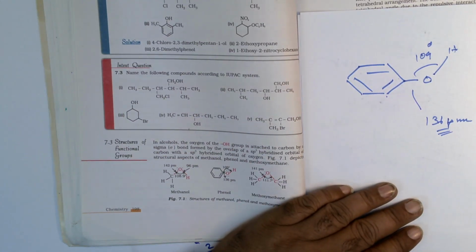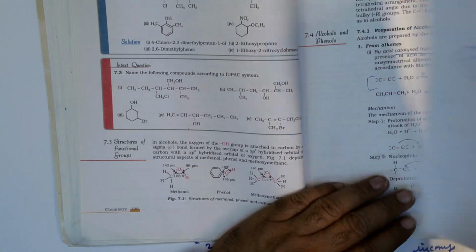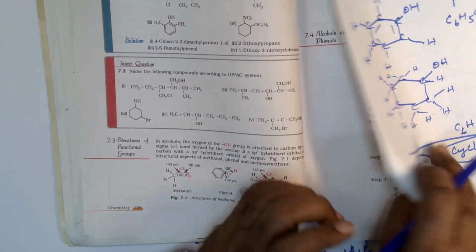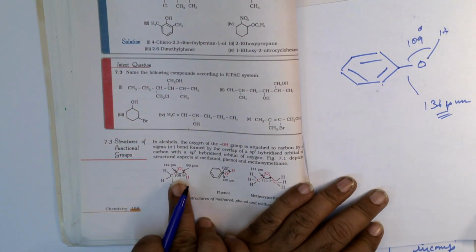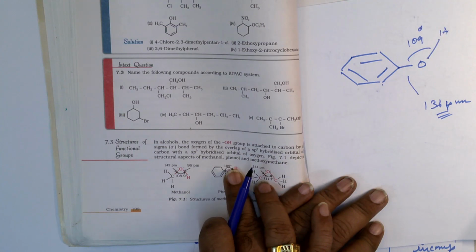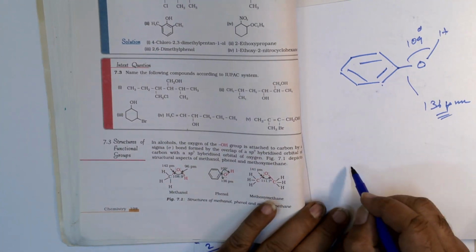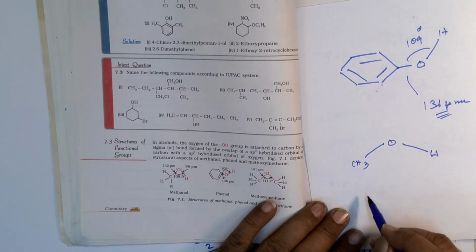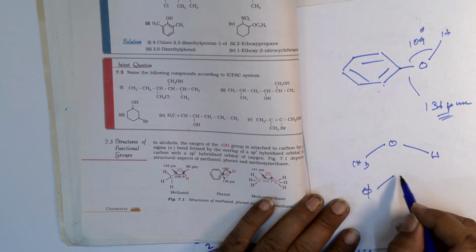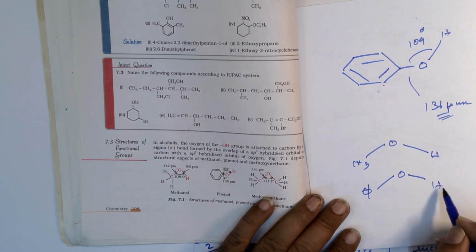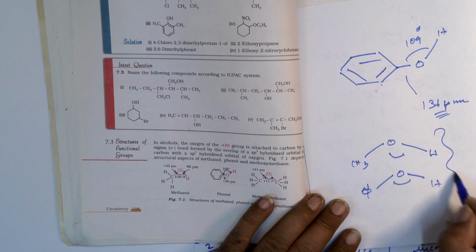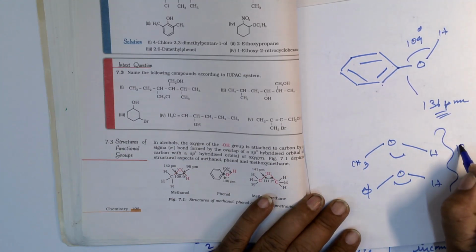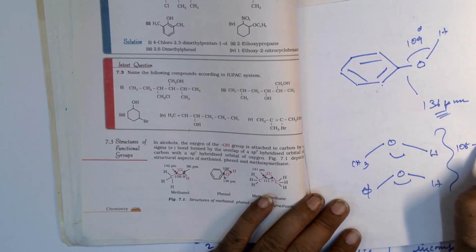This almost resembles alcohols. This is 108.9 degree and this is 109 degree. So for the methyl group, the bond angle of C-O-H, and similarly for the phenyl group, both bond angles are almost closer to 108 or 109 degree. Right?